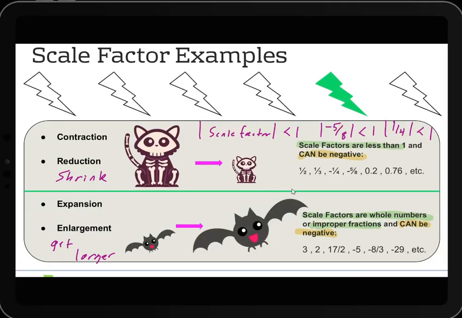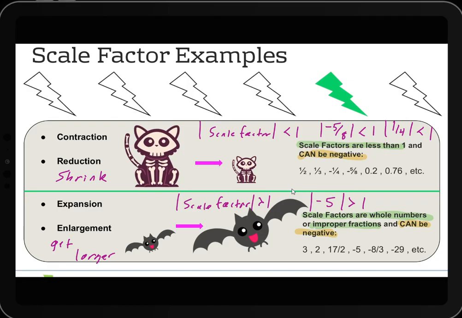But the reason it's important that I mention the absolute value is because if the absolute value of a scale factor happens to be greater than 1, it's an enlargement. So a common mistake is that when people see a number like -5, they think, oh, that's the ratio which is the scale factor? That must be a reduction. No, actually it's an enlargement because the absolute value of -5 is greater than 1.